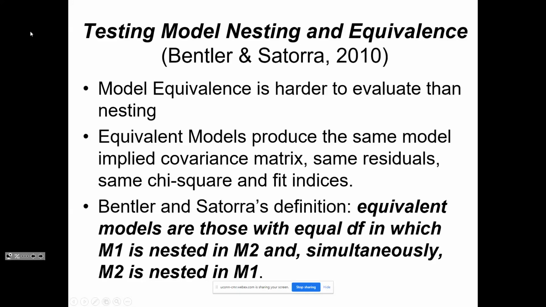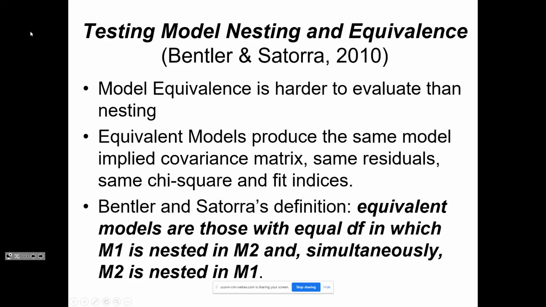Operationally test this idea of nesting, right? If the models are equivalent, they're going to have the same degrees of freedom, but the chi-square should be the same too, right? So if you have two equivalent models, it shouldn't matter which model is M1 and which model is M2. If I were to do a chi-square difference test, I would get a chi-square of 0 with 0 degrees of freedom.